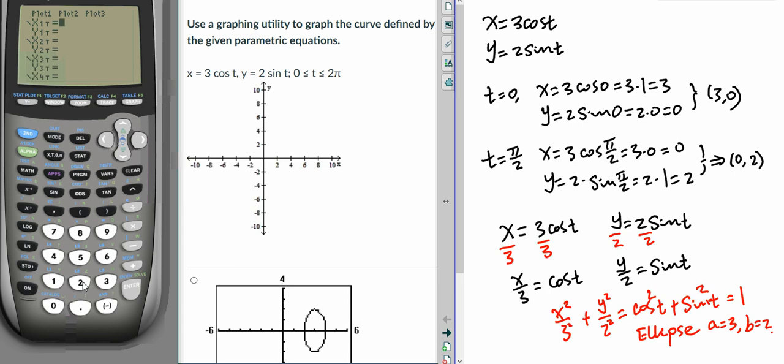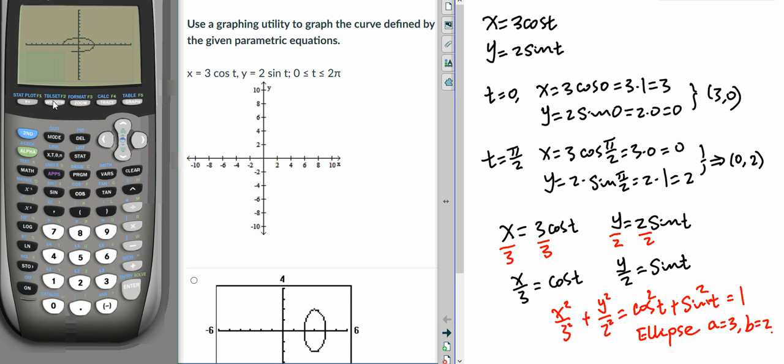Then you can input 3 cosine t and then 2 sine t, close bracket. When you graph, you then have an ellipse. Again, why does it give you this much?